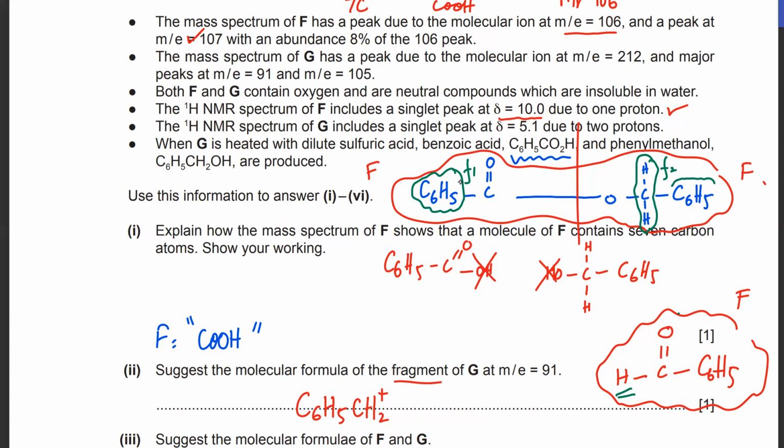And these benzene hydrogens are different from those benzene hydrogens, because this benzene is bonded to C double bond O. So the electron cloud would be differently distributed, and the shielding for the hydrogen proton would be different. This C6H5 is different compared to the other one, because it's bonded to a CH2.